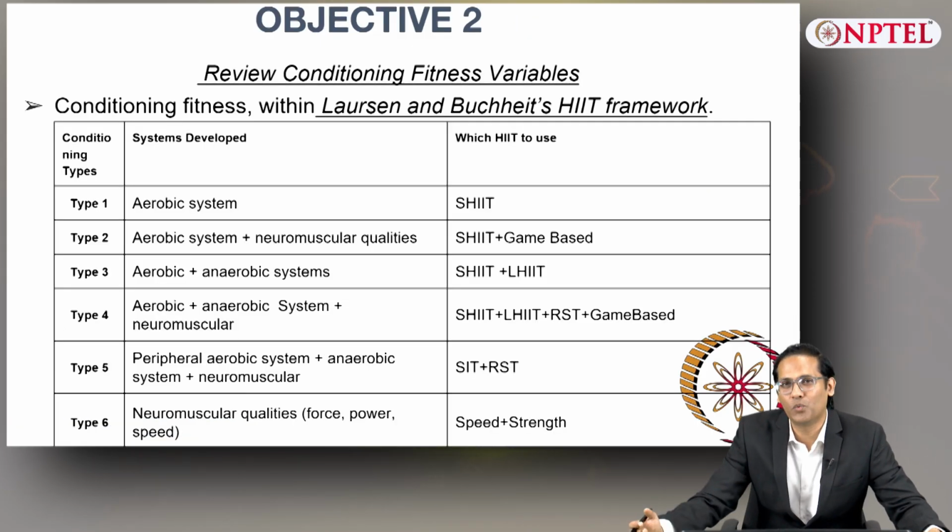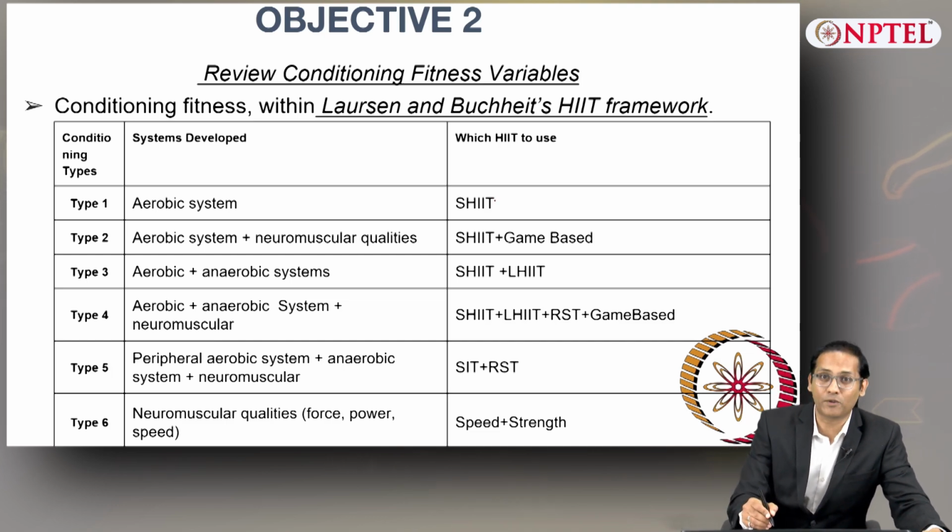Now, let us again revise what the conditioning fitness variable is and how it is applied with Lawson and Bushett's HIIT framework. There are 6 types of conditioning. Each type can be trained by applying a specific type of HIIT.